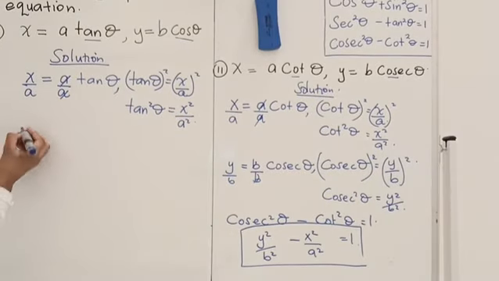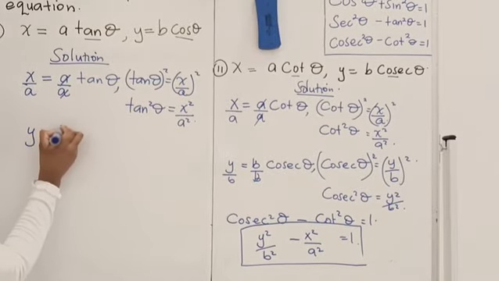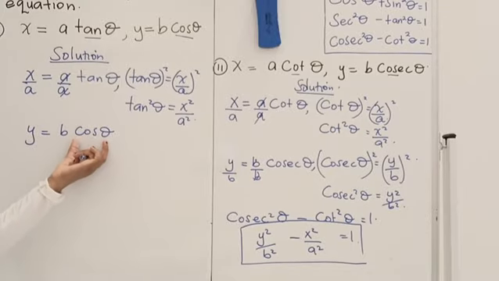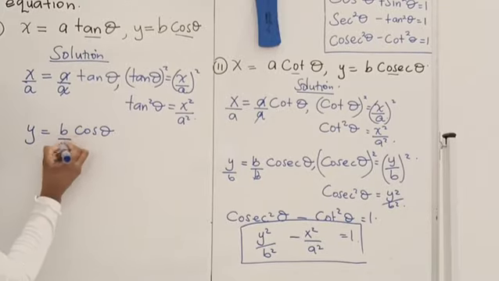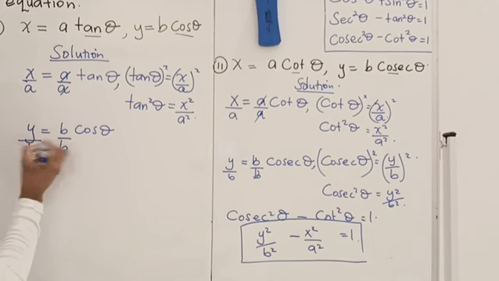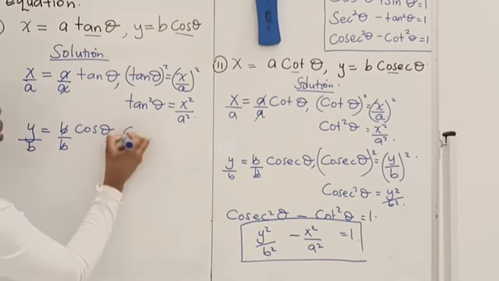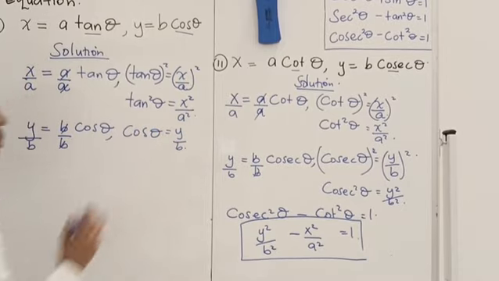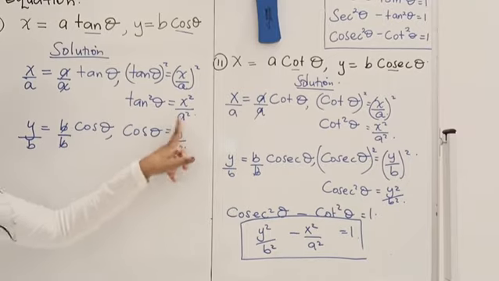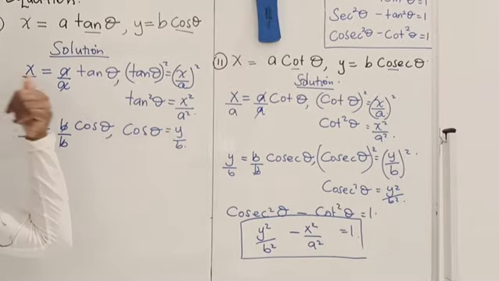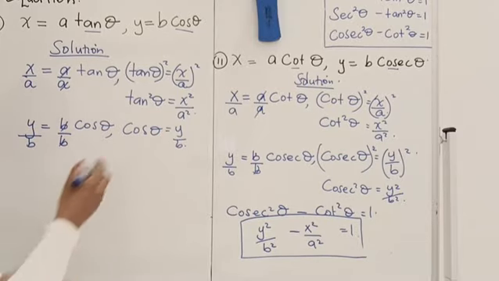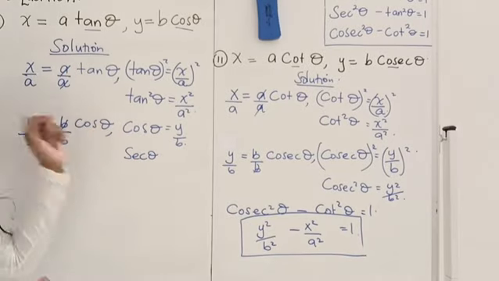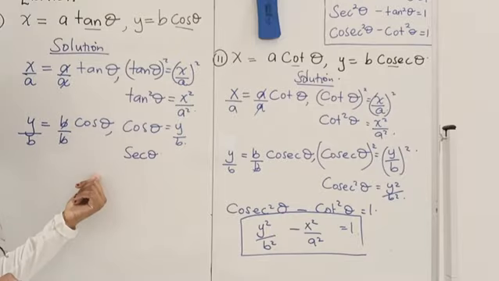The second one is y is equal to b cos theta. So let us first make cos theta the subject, divide through by b. So I will have cos theta equaling y out of b. Now the reciprocal of this fraction will give us sec theta, because we know that cos is 1 out of sec and vice versa.